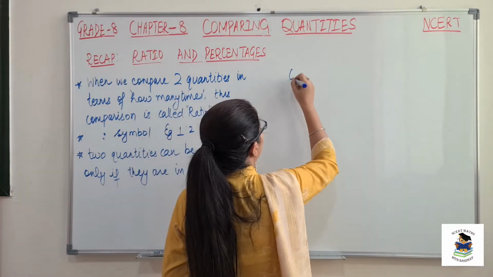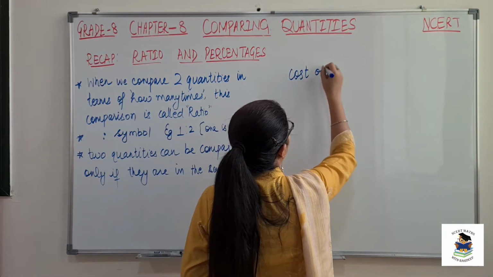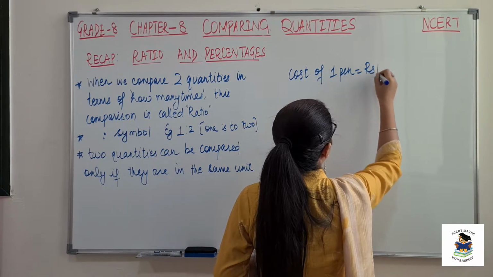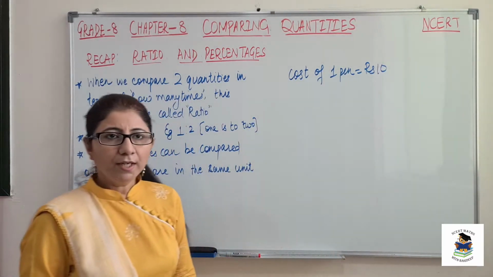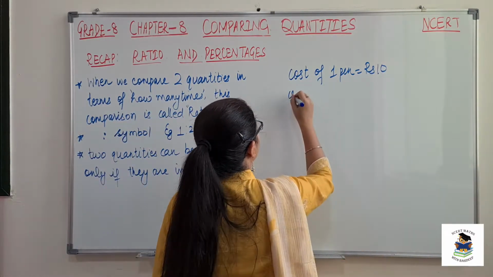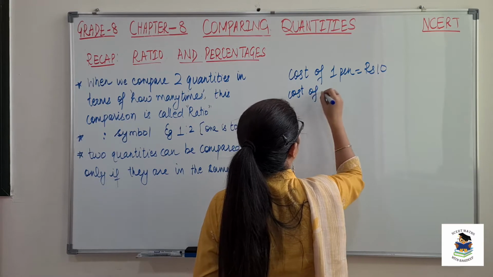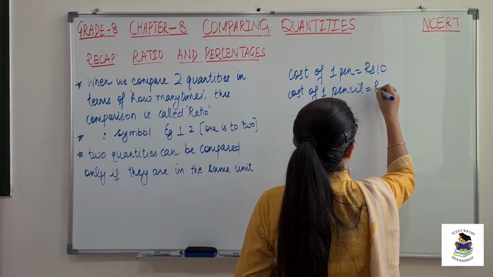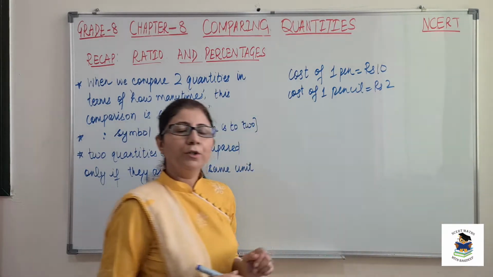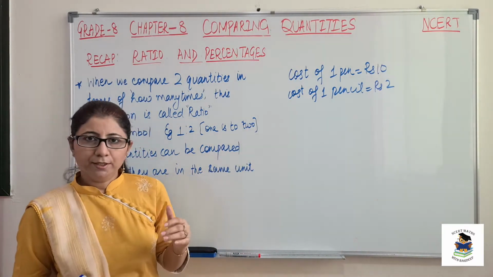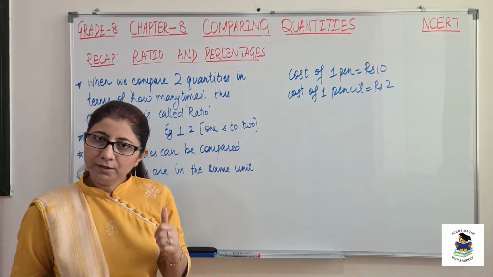Suppose I am buying one pen and the cost of one pen is rupees 10. I have purchased one more item, a pencil, and its cost is rupees 2. Now I want to compare the prices of these two items. Then I will use ratio.